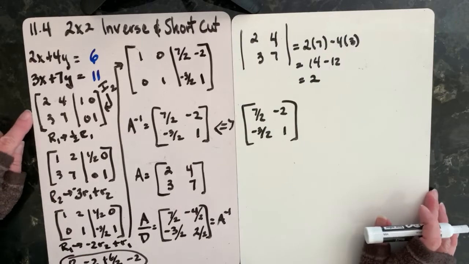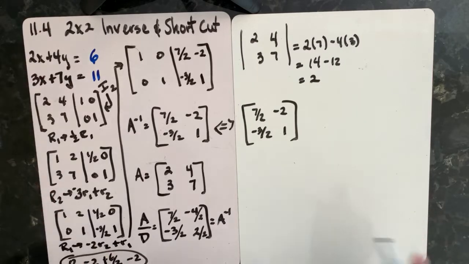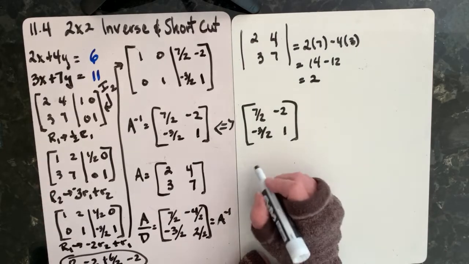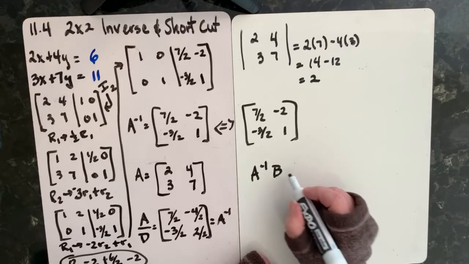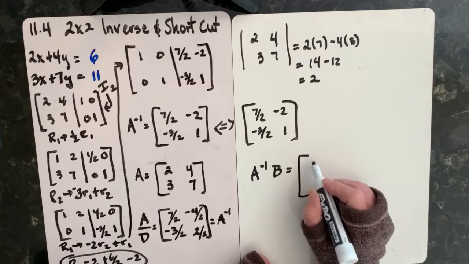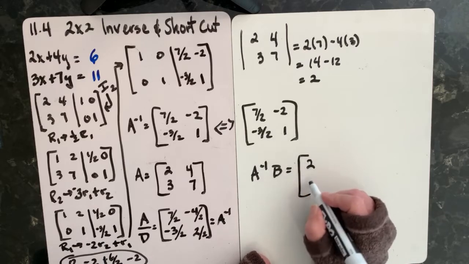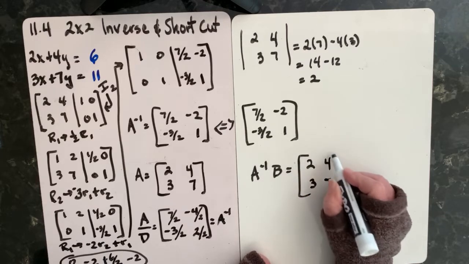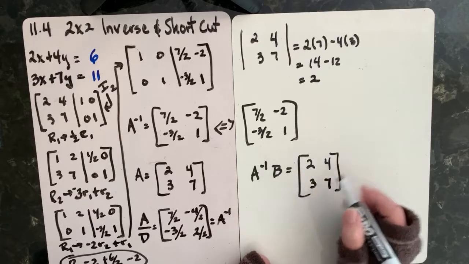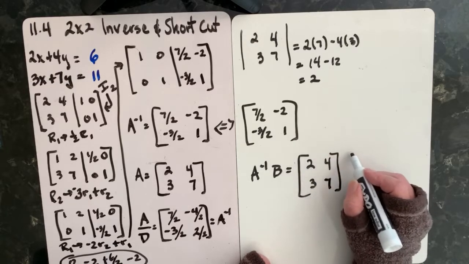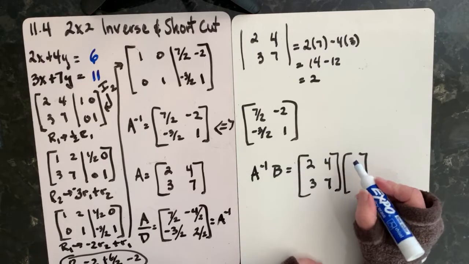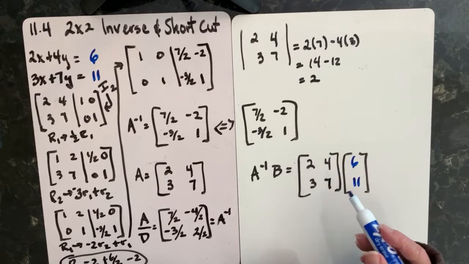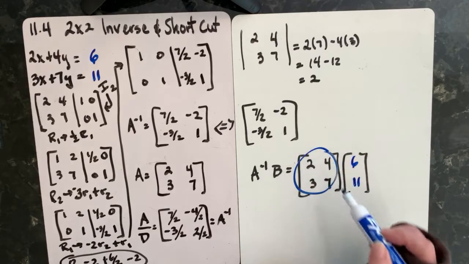So now if I wanted to solve this problem using an inverse matrix, I would take this inverse, and we're going to do A inverse times B. So that would look like this. Let's take my 2, 3, 4, 7. Let's get its inverse, and then we'll multiply that by the 6 and the 11. But keep in mind, we want the inverse, okay?